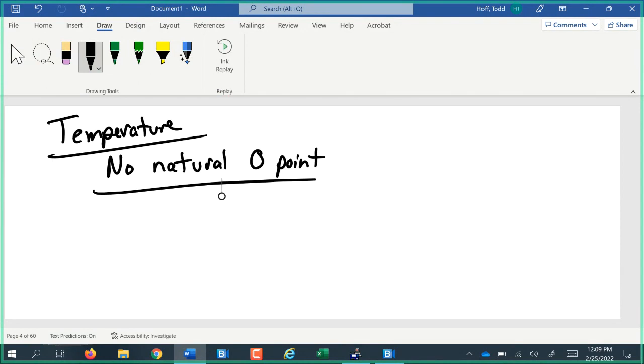Now modern chemistry has discovered something called absolute zero. Depending on which scale you're using, it's negative 456.3 degrees Fahrenheit, negative 273.2 degrees Celsius.